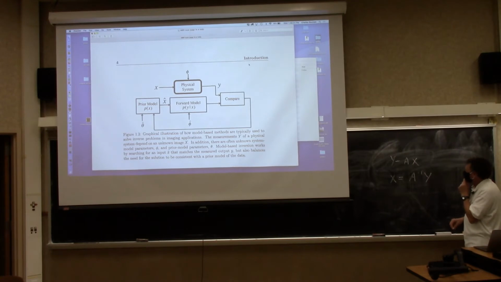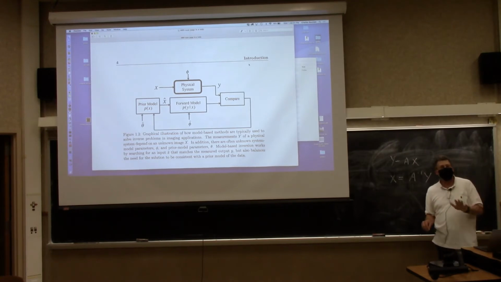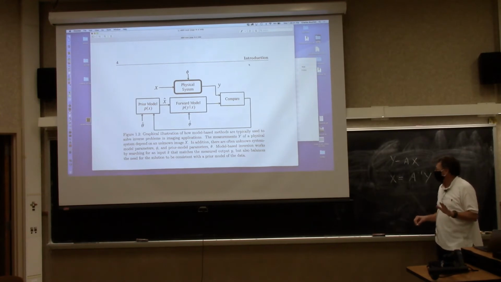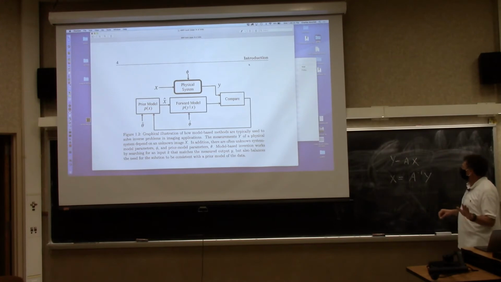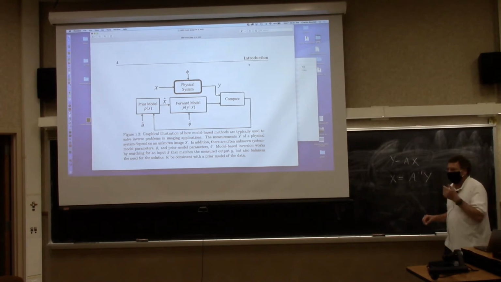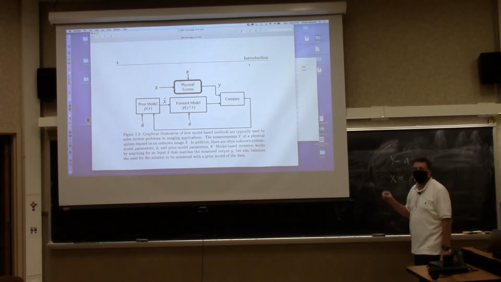But even if that isn't a problem, even if A is a well-posed matrix, stably invertible, computing the inverse of A is just not practical for most cases, because x and y here are images, or even volumes.